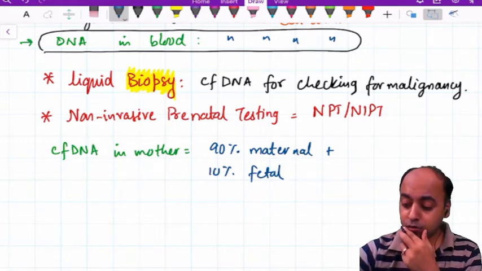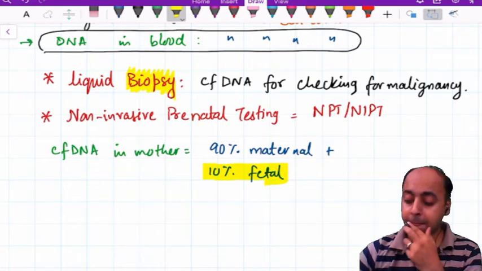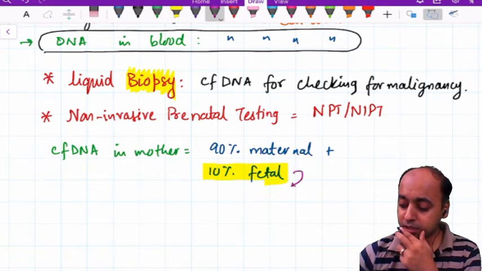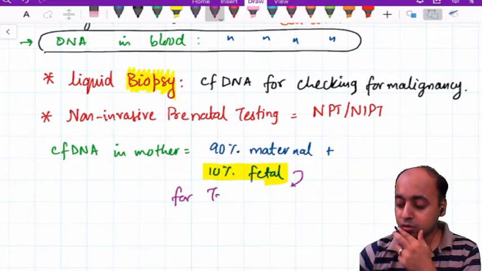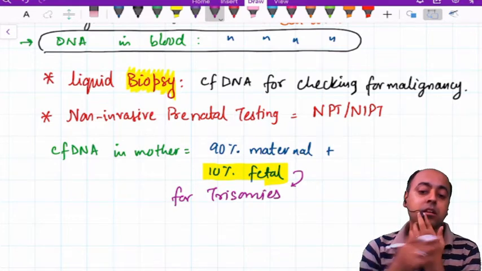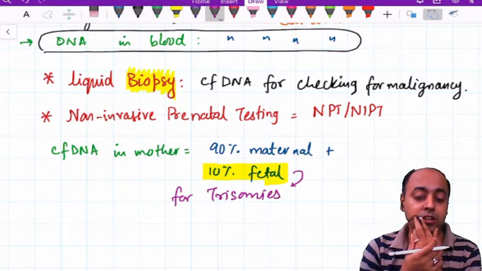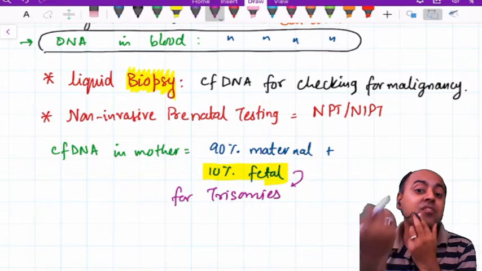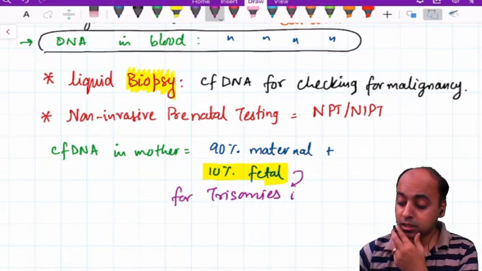So what we do, first we separate this 10% fetal DNA and then we examine it for trisomies. We examine the cell-free DNA present in the mother's blood, which is coming from the fetus, for trisomy in the fetus. Otherwise, how do you determine it?